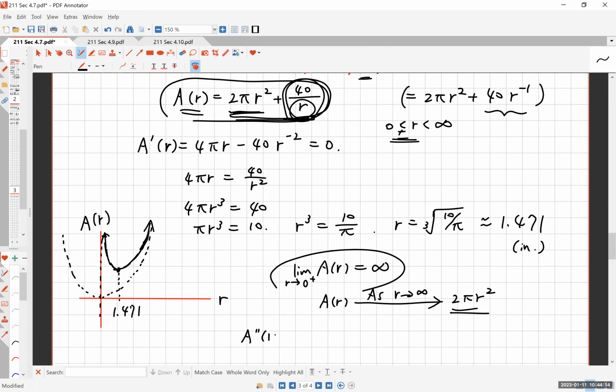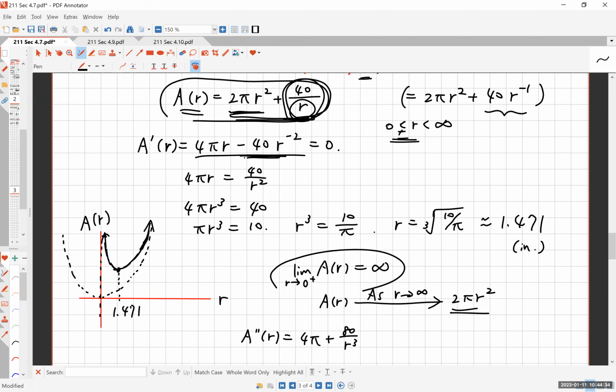Now, of course, you can do a second derivative, and the second derivative test is going to give you something too. Where is my first derivative? This is my first derivative. The second derivative is going to be 4 pi plus 80 over r cubed.